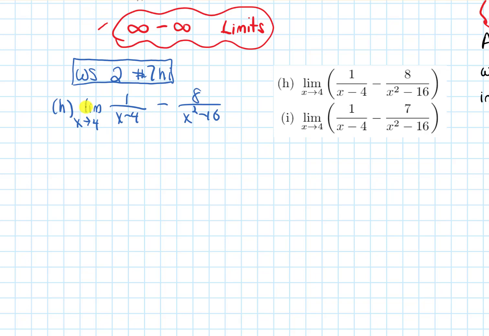So remember, the first step is we plug in. If I plug 4 into this, we will get 1 over 0 for the first fraction, minus 8 over 0 for the second fraction. So we have two fractions of the form non-zero on the top and 0 on the bottom. Our strategy there is usually to evaluate the one-sided limits, and the one-sided limits will either be infinity or negative infinity.